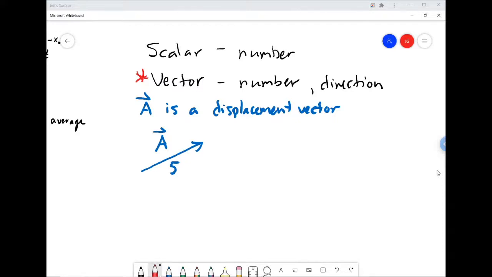All right, and then I can imagine there's another vector, B, which has a magnitude of 3 meters.